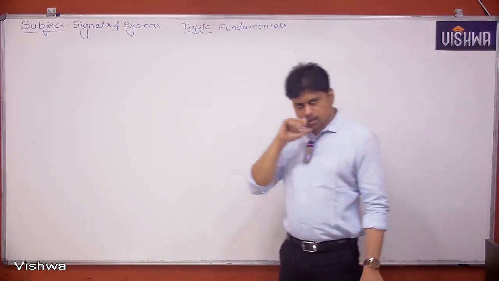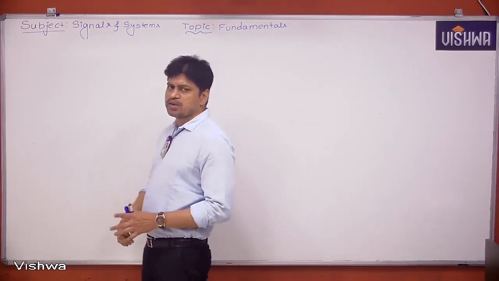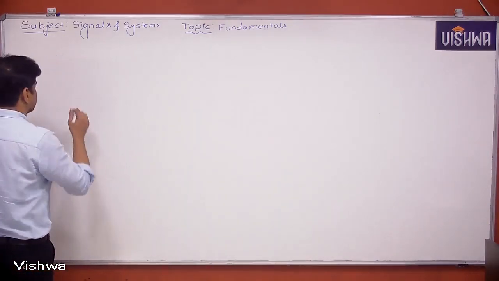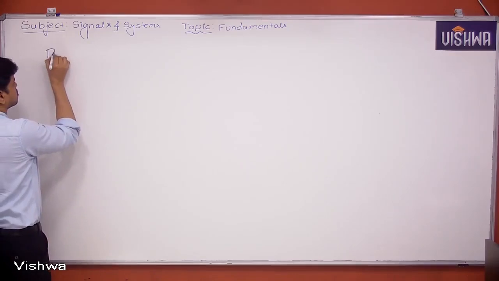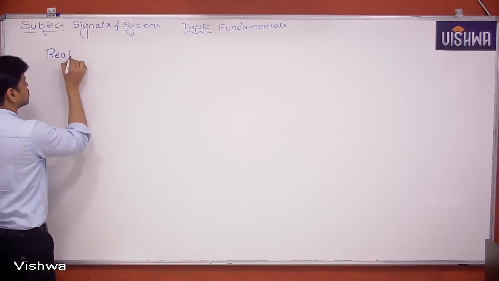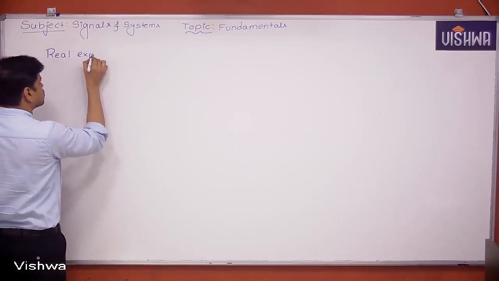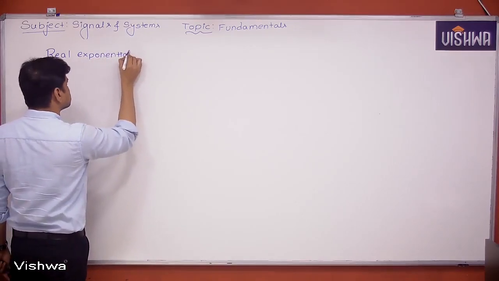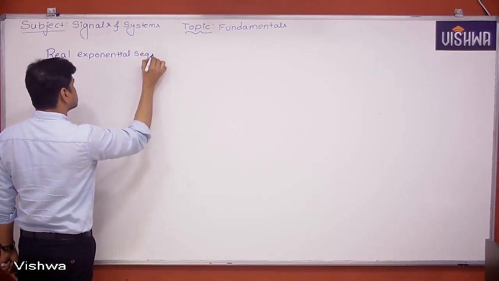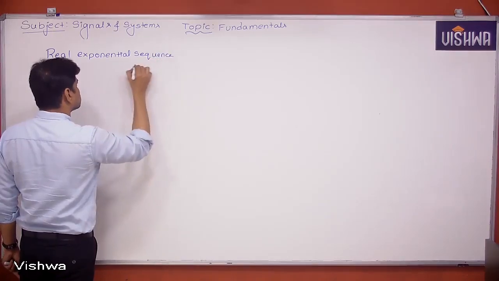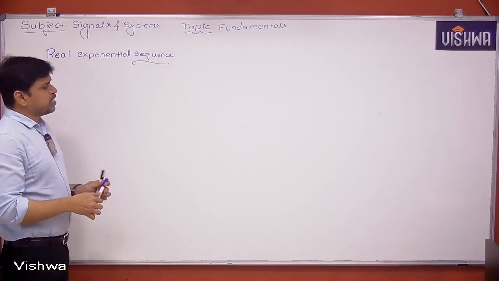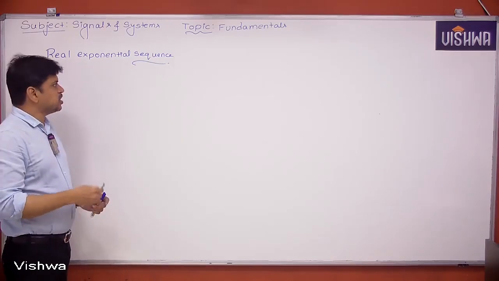Next. In the continuous time case, we have seen the real exponential. Here also we will see the real exponential sequence. In the continuous time case, it is represented with e power at.